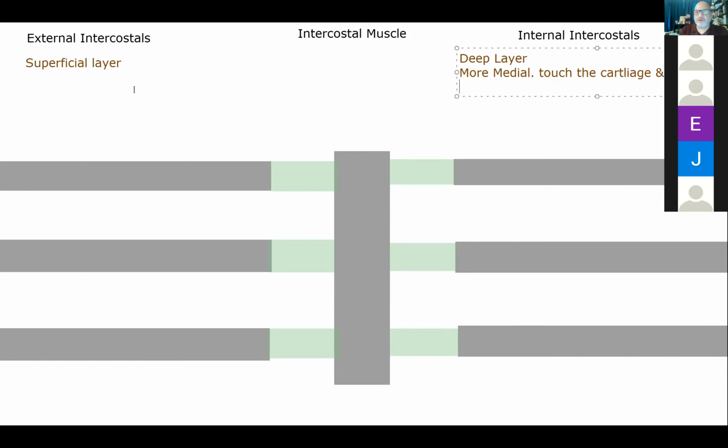For our internal intercostals, the fascicles go down and out, meaning they project inferiorly and lateral.